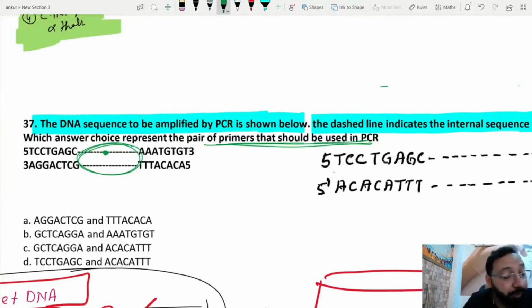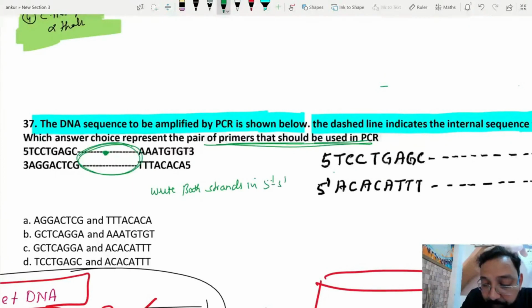So here is a mnemonic. Whenever they ask about the primers, write both strands in 5 to 3 direction.